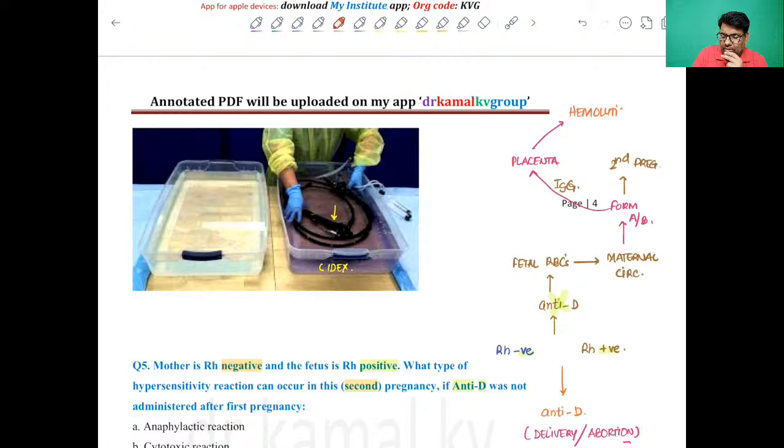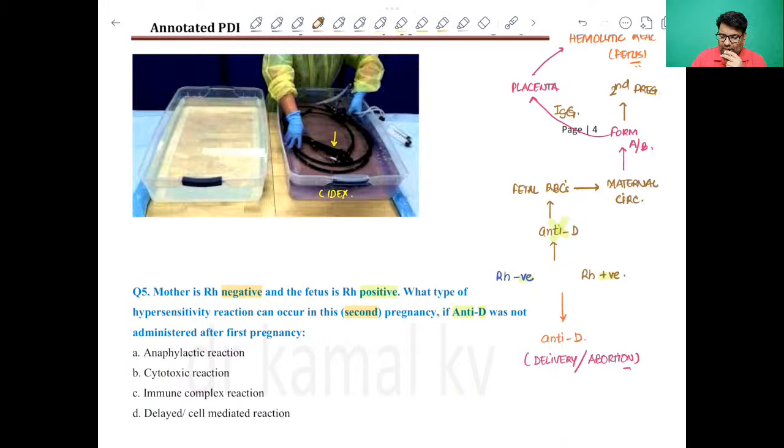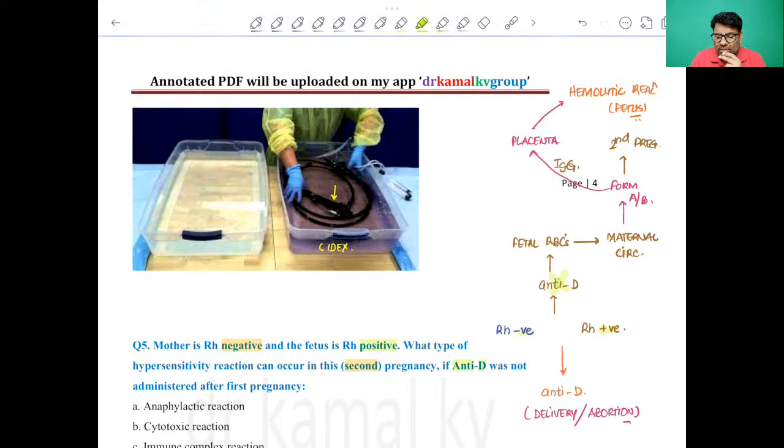So hemolytic reaction within the fetus, and what is known as hemolytic disease of the newborn or erythroblastosis fetalis. So this is the actual picture. So here what is happening? The fetal RBCs are taken as antigens, and the maternal antibodies are targeting them.